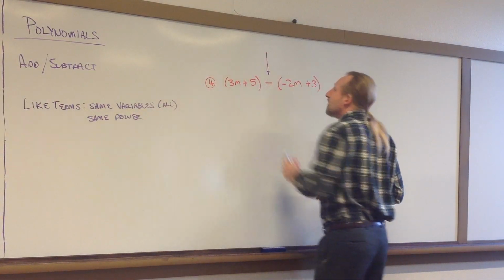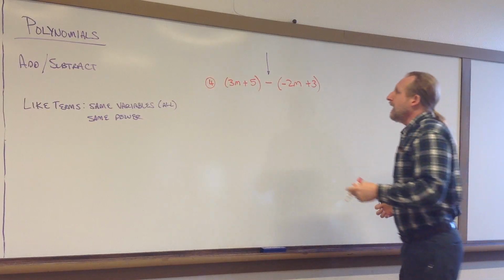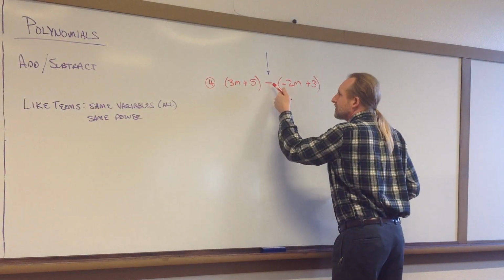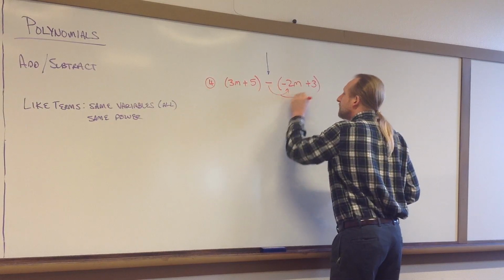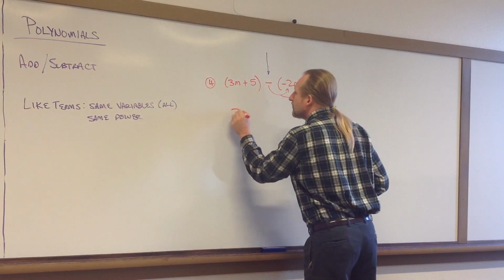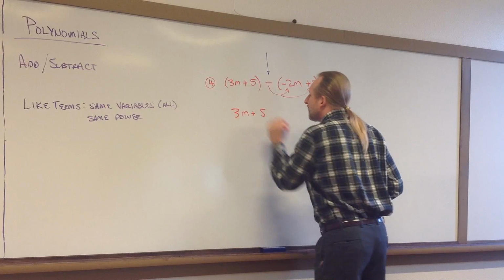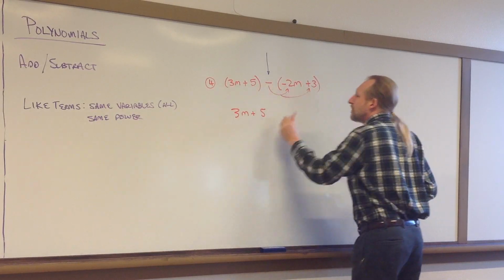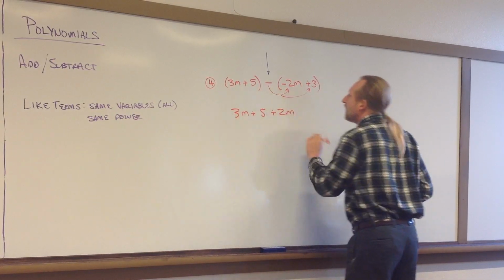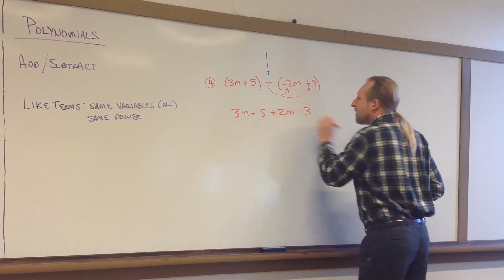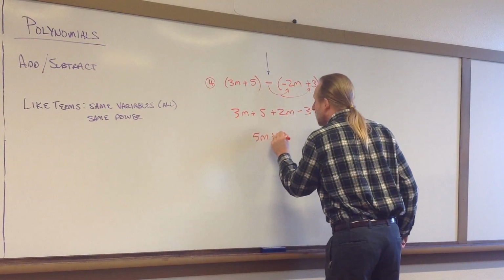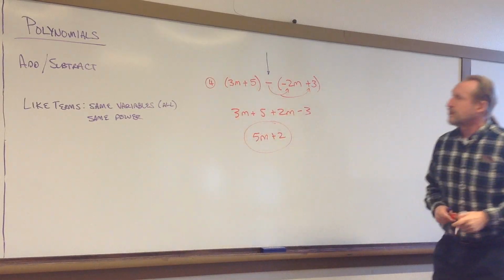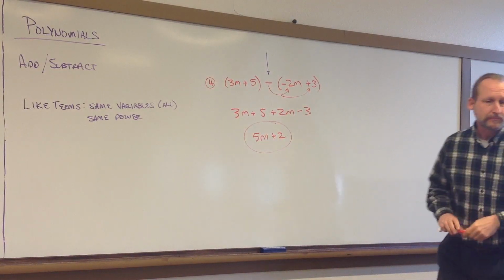This right here is subtraction, and whether you think of this as just subtraction or multiplication by negative 1, you have to distribute that into the parentheses. So 3m plus 5 stays the same, but this will be plus 2m, and this will be minus 3. So we end up with 5m plus 2 in that one, problem 4.